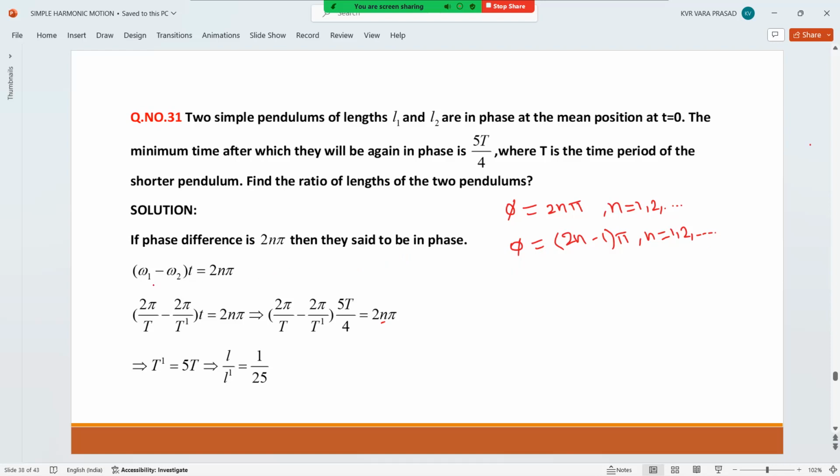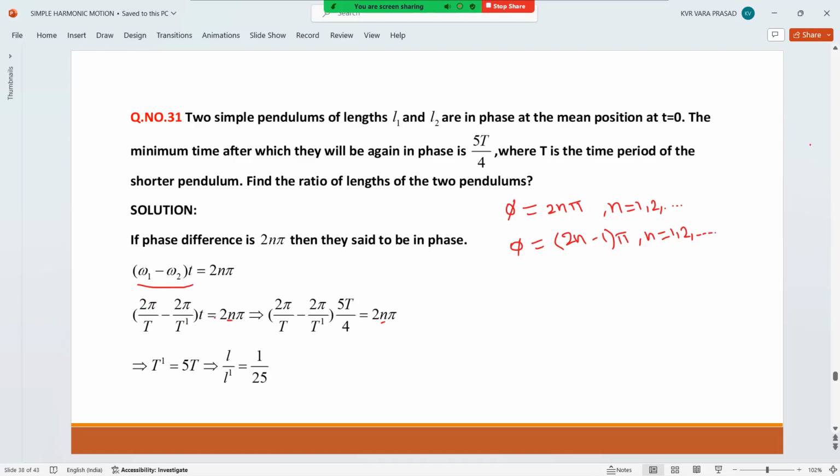Now see the first step here. (omega 1 minus omega 2) into t gives us the phase difference, and that is equal to 2n pi. Here we take n value 1 because they are asking the minimum time. In place of omega 1, write 2 pi by T, and in place of omega 2, 2 pi by T dash, into t equal to 2n pi, with n equal to 1.